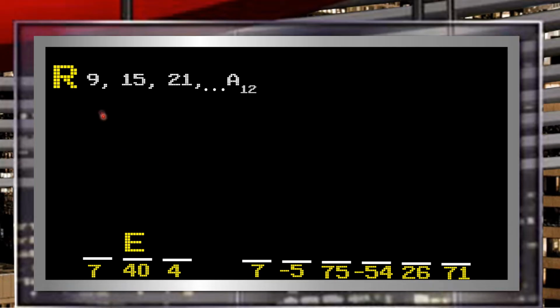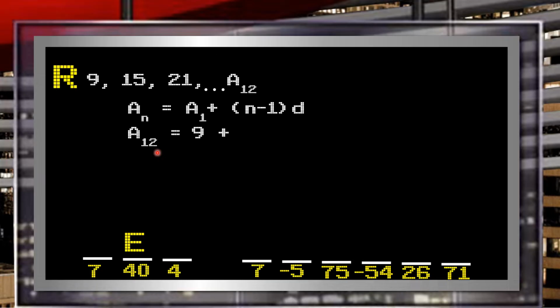Now, let us work on this. 9, 15, 21, and we have to find the 12th term. So, with the arithmetic sequence formula, papalitan lang natin ulit yung mga values niyan. Ang last term natin na hinahanap ay a sub 12 equals, ang first term naman natin ay 9 plus, ang n natin, dito makikita yon.